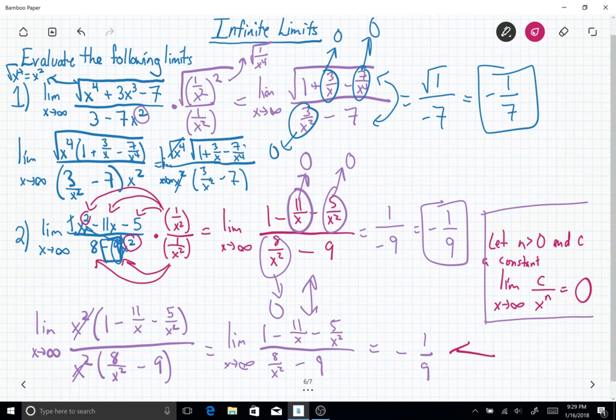So with this problem, right before, we had a limit as x approaches positive infinity of this whole equation equaling negative 1/9. What does that mean? It means we had a horizontal asymptote at y equals negative 1/9.